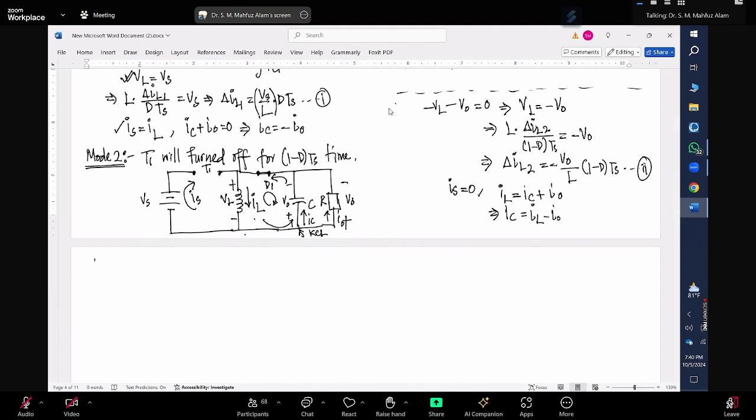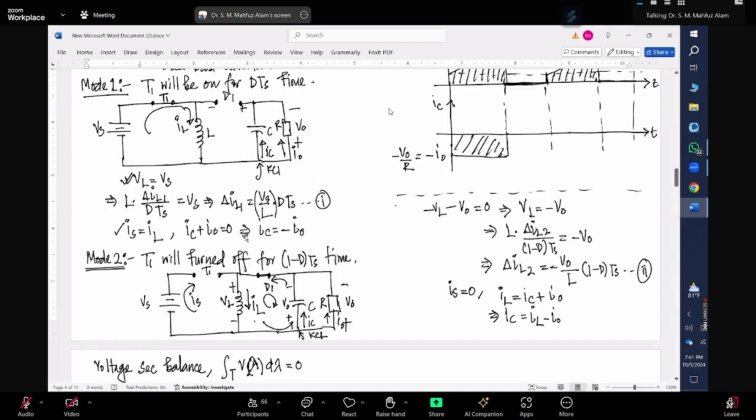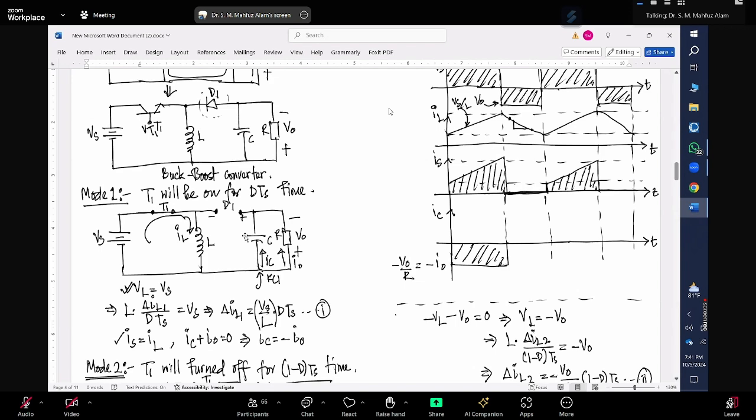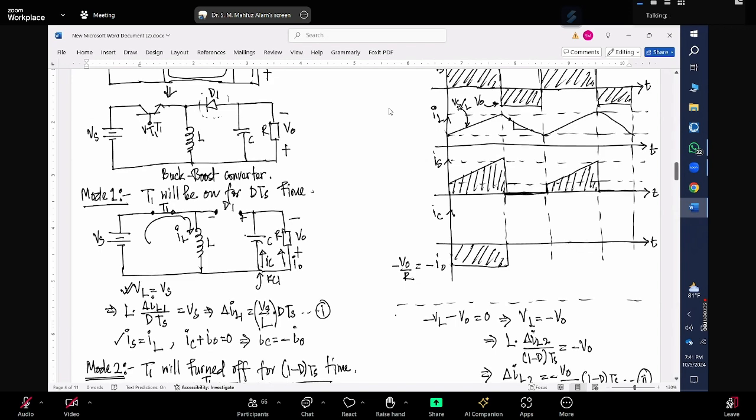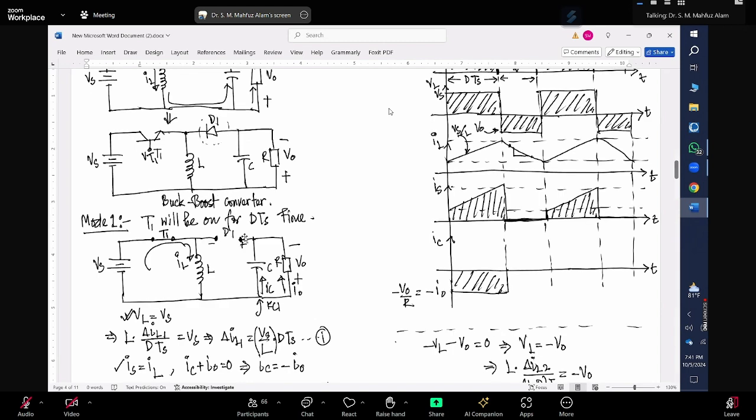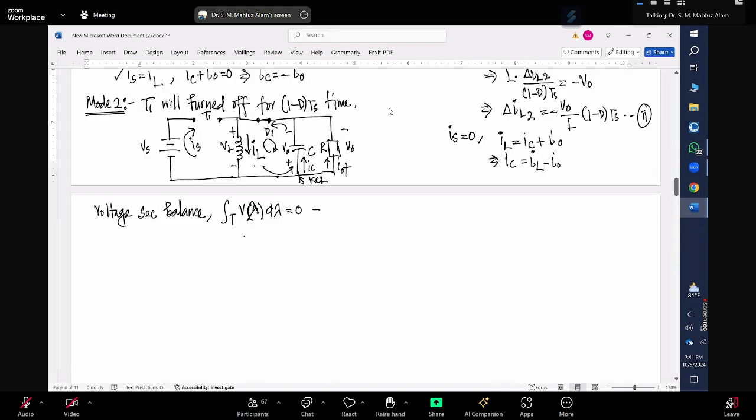What does the voltage second balance say? If I integrate the area of the voltage across the inductor, v of lambda d lambda, over the switching period, that should give you 0, right? The voltage across the inductor during D multiplied by Ts time is Vs, so Vs multiplied by D into Ts.